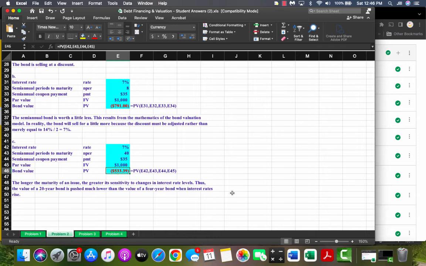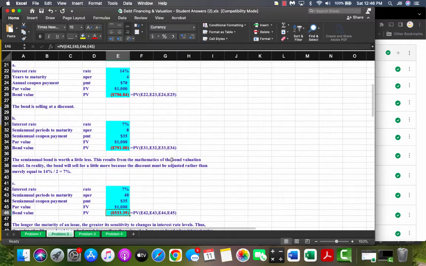So the bond value is $533.39. So hopefully it seemed that all of these questions had to do with, I wish I could draw a circle, the semi-annual periods to maturity and the semi-annual coupon payments. So hopefully that makes sense now. That's likely where you went wrong on that question.